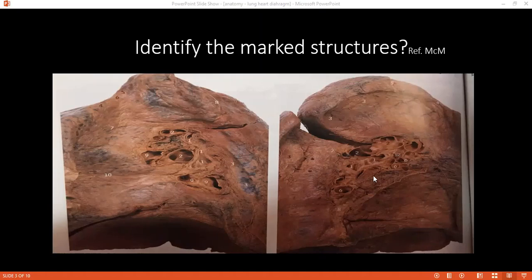Can you please tell me the parts of each lung, right and left? Yes, ma'am. Right lung is divided into 3 lobes by transverse and oblique fissure. Very good, and the left one. Left lung is divided by oblique fissure into 2 lobes, upper and lower.